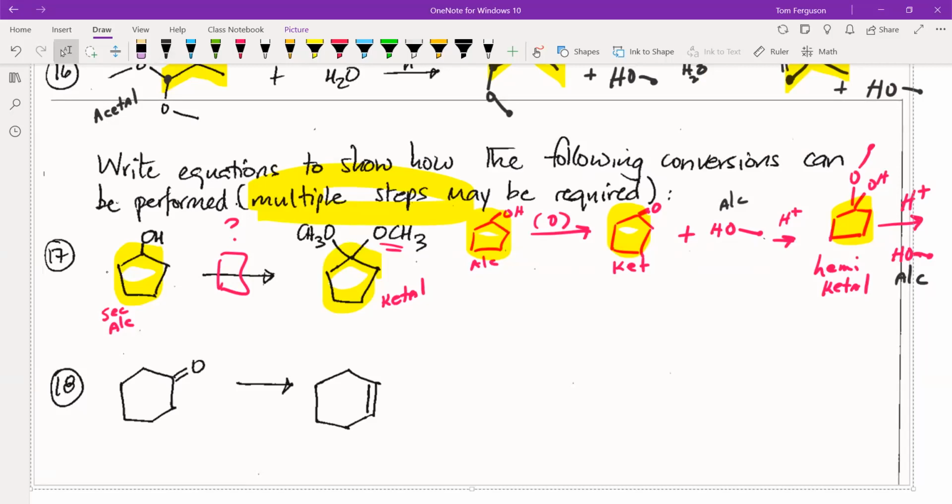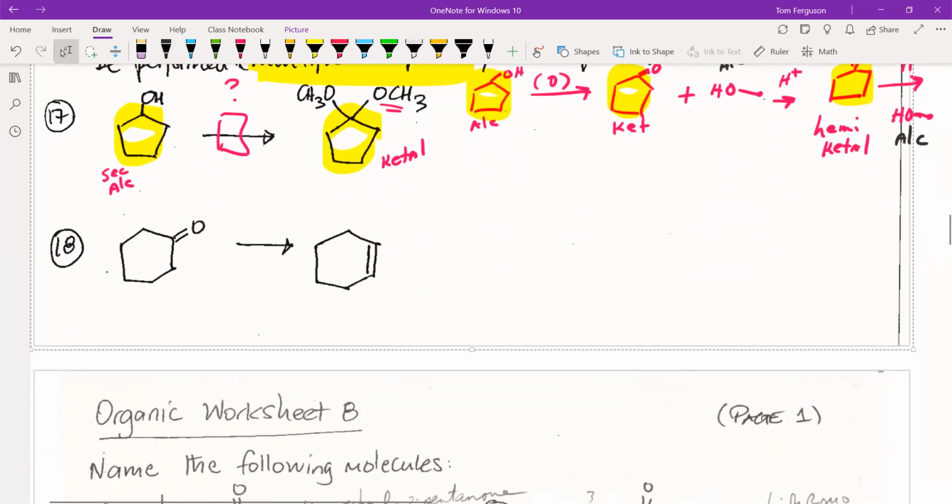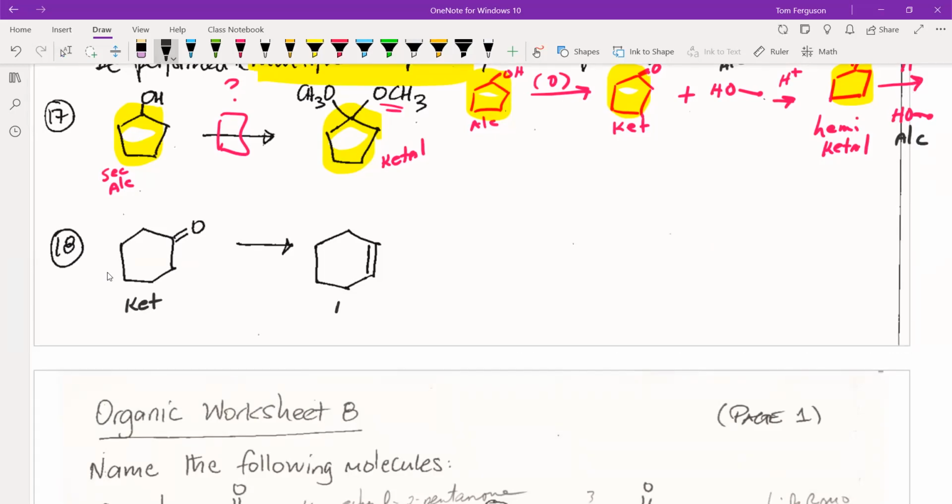So in the test, I'm going to have one multi-step problem. Okay, so here we have a ketone. Here we have an alkene. What are the ways to make an alkene? Well, we can make it from an alcohol. We pull the HOH off the alcohol and create an alkene.